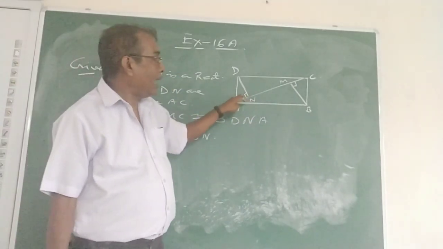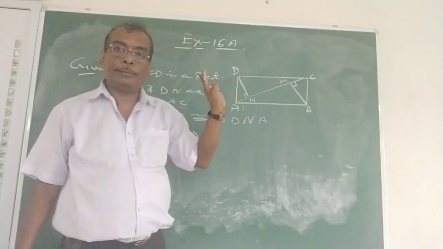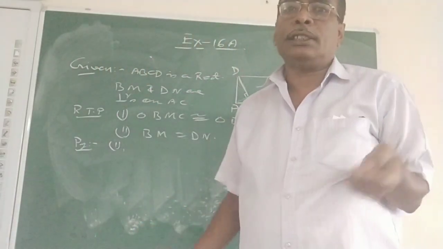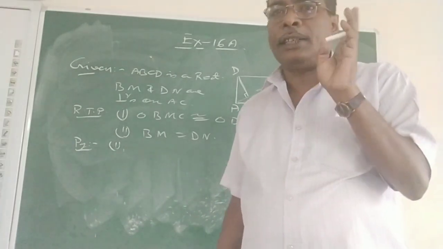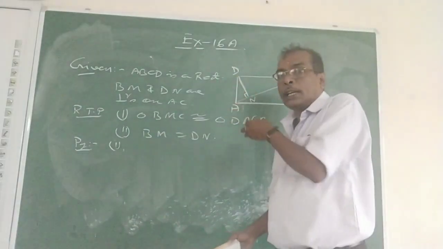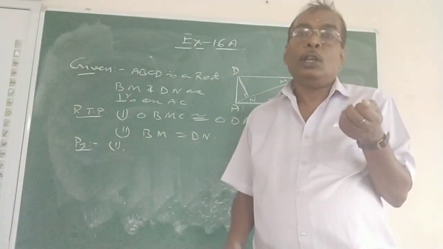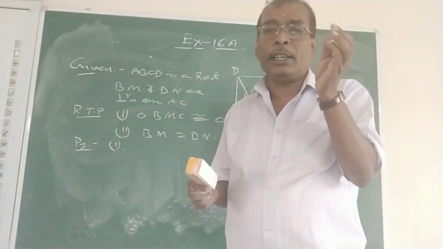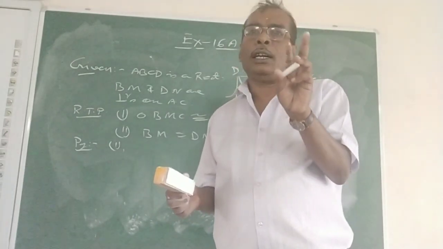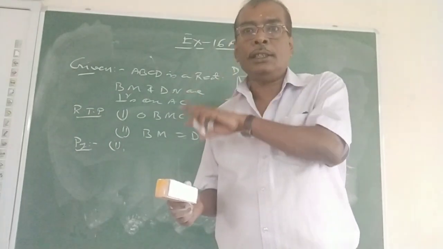So by AAS, the triangles are congruent. Before starting the congruency, you have to make a strategy that this way you will have to proceed. So these two triangles will be congruent by AAS. So first of all you have to write the data, angle, then side.